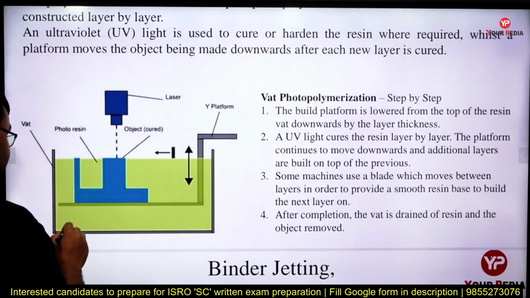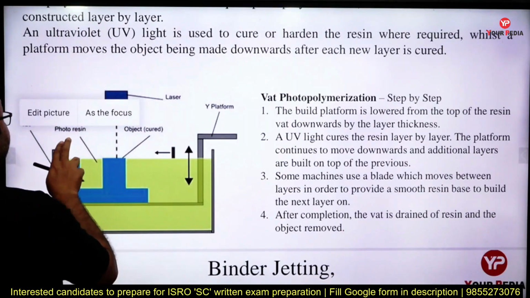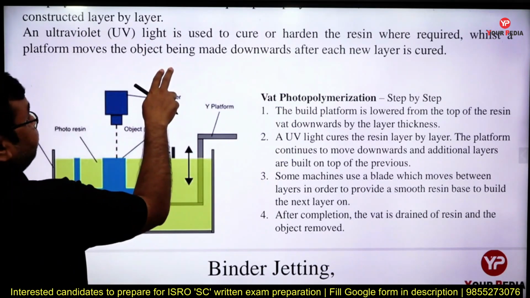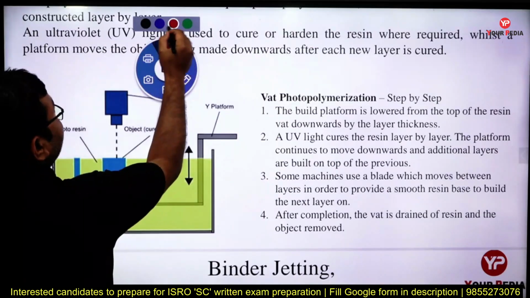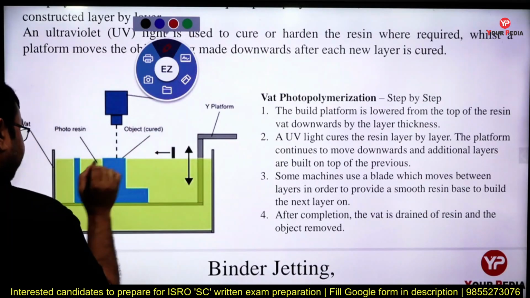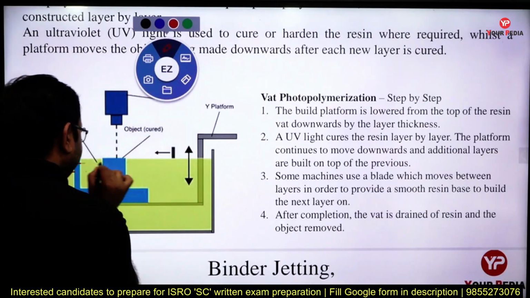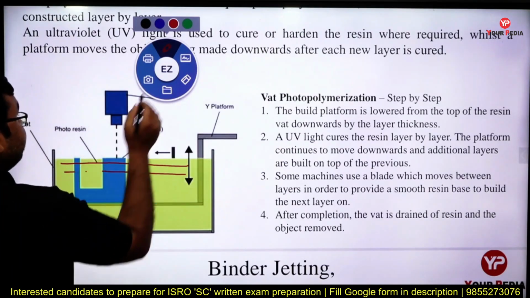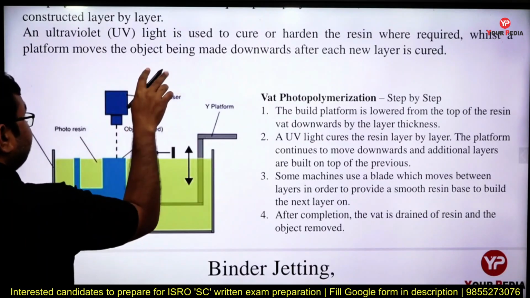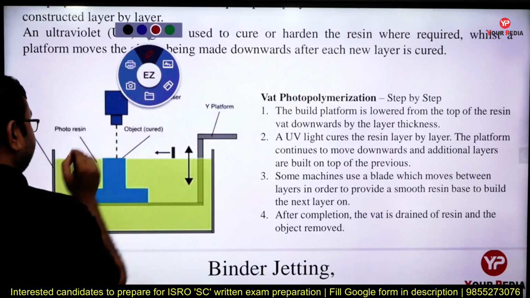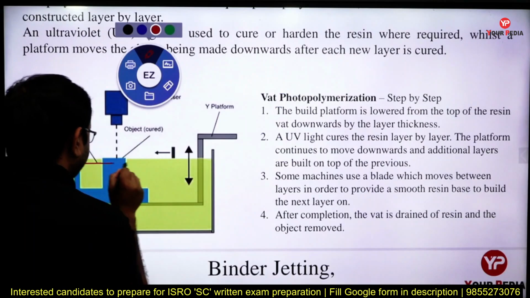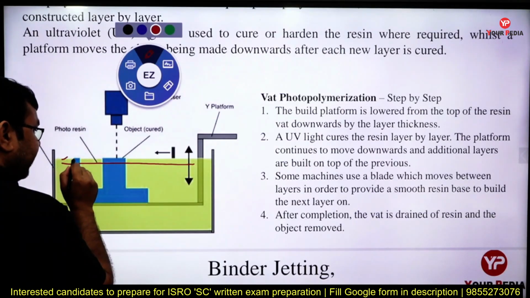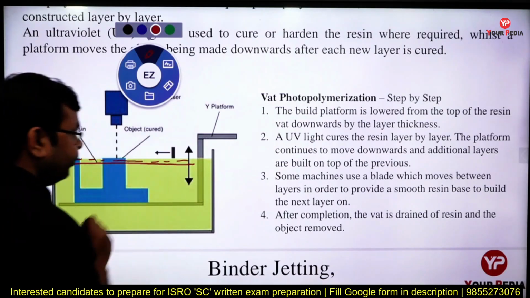Initially you can see here, this platform is situated somewhere here, correct. And over this platform we have polymers, here we have a resin, correct.